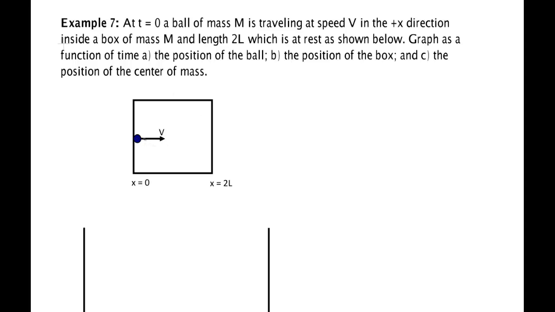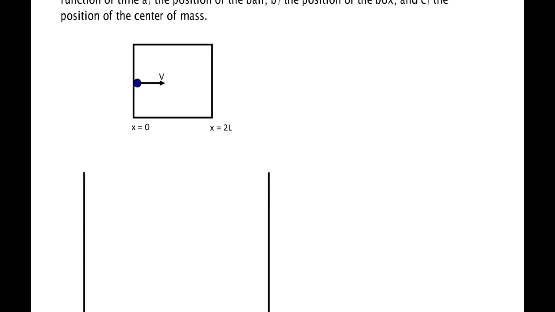The ball is initially going at v, so we know some things. We know that its position-time graph has a slope of v. It's a straight line graph because it's moving at constant velocity to the right, and it initially starts roughly at x equals 0. So putting that in, we have something that looks like that.